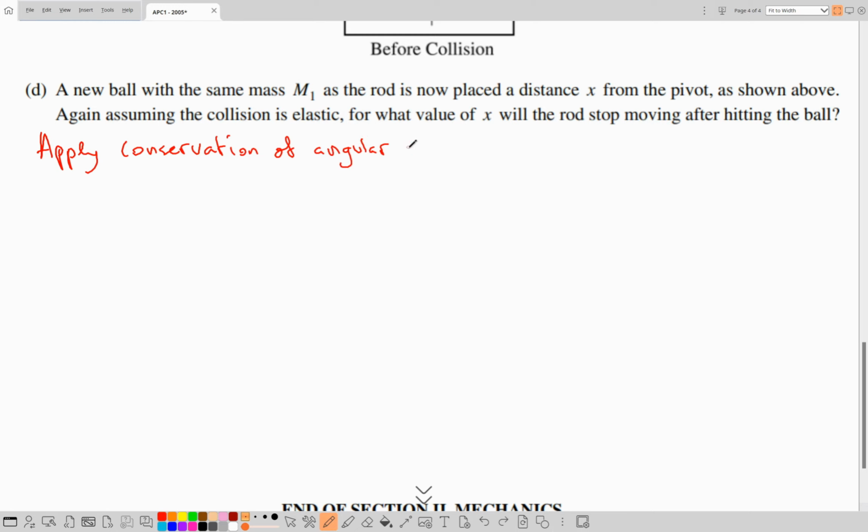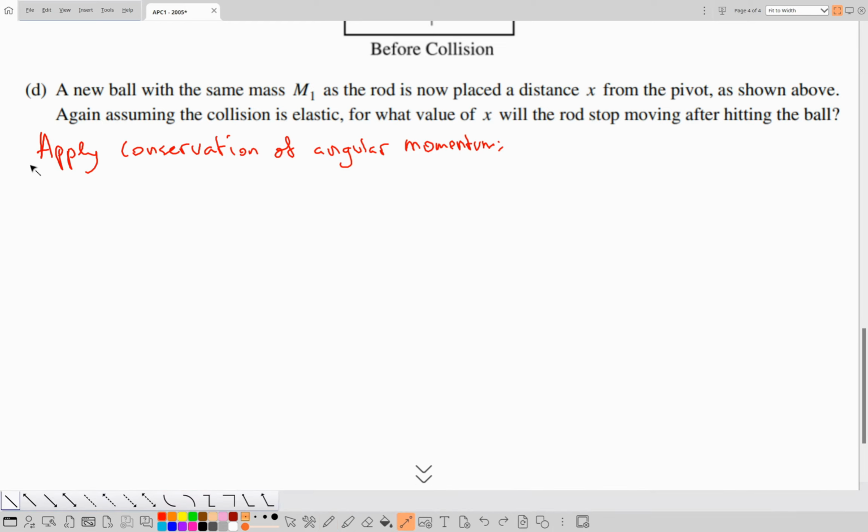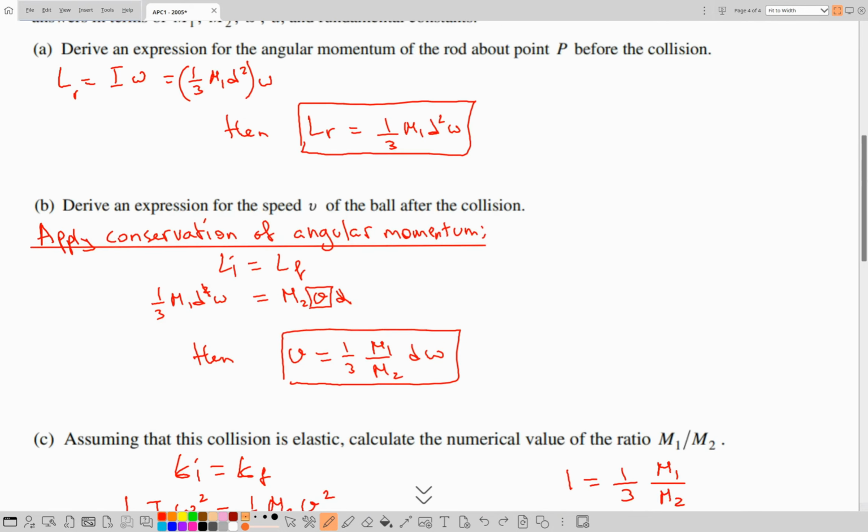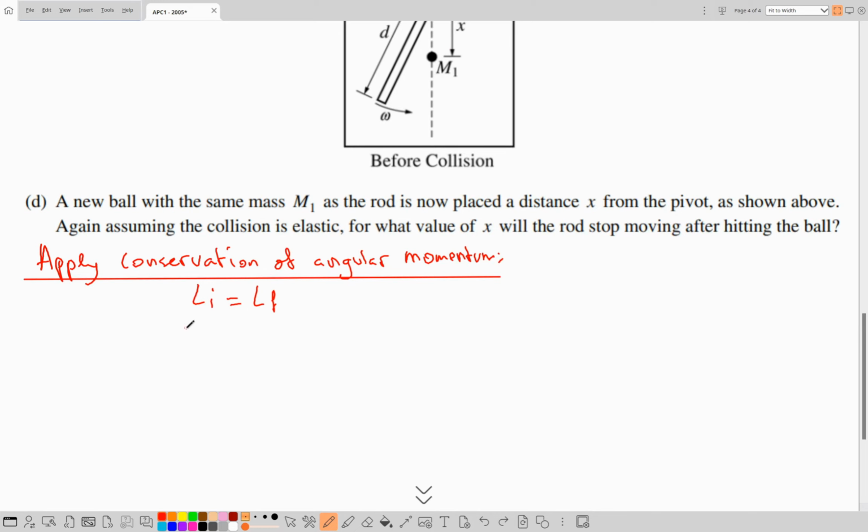So again we will say L initial is equal to L final. Initially we have the angular momentum of the rod, which is given by 1 over 3 m1 d square omega, equal to the final angular momentum.